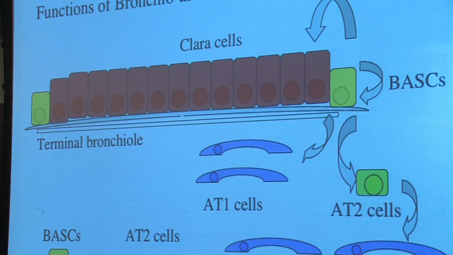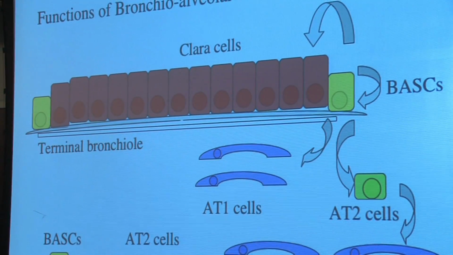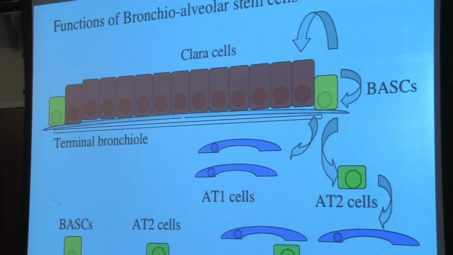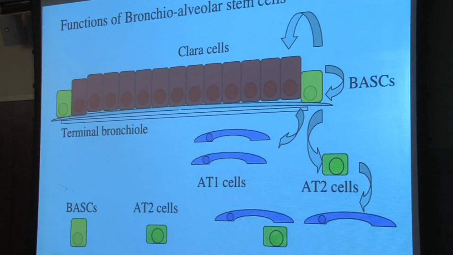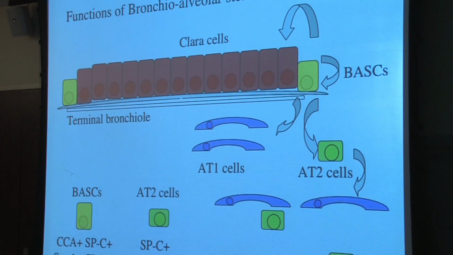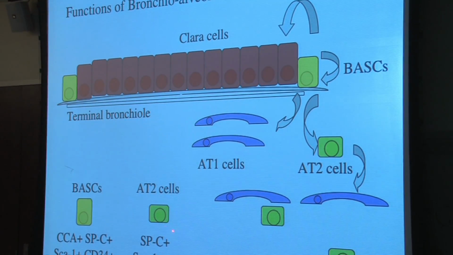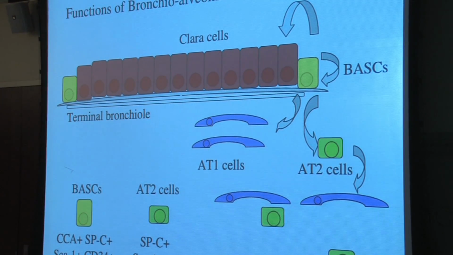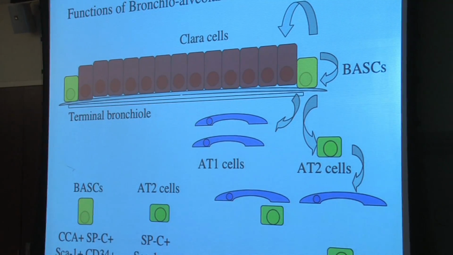And we also now have a few markers which we can study these cells with in more detail. We know that they're positive for the Clara cell marker, CCA. They're positive for SPC, whereas in contrast, alveolar type 2 cells are only positive for SPC. We also have cell surface markers that we can isolate these cells with.